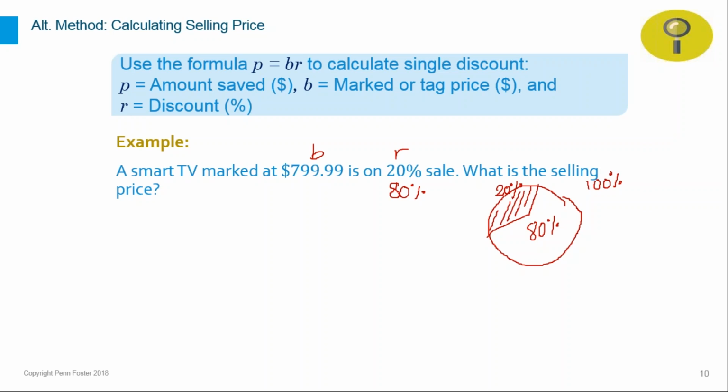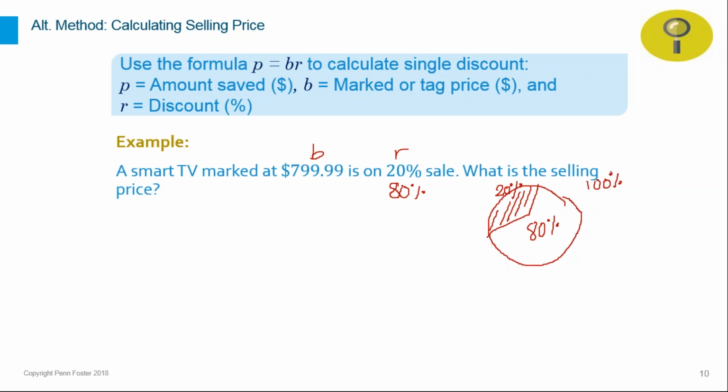In this case, I only have to do one step. I don't have to do the subtraction, because I'm not finding the savings first. I can directly multiply the percent in decimal times the tag price, and that will immediately give me the selling price.